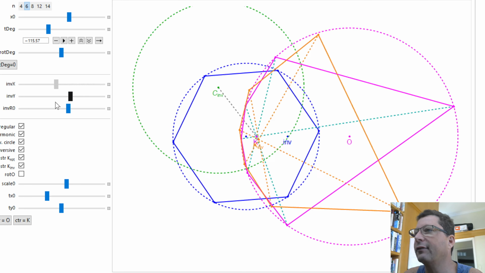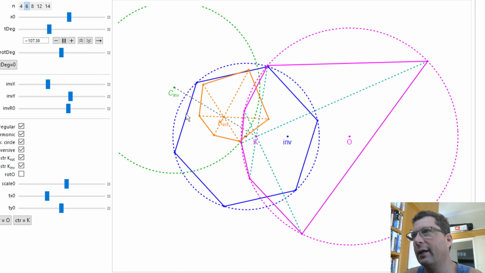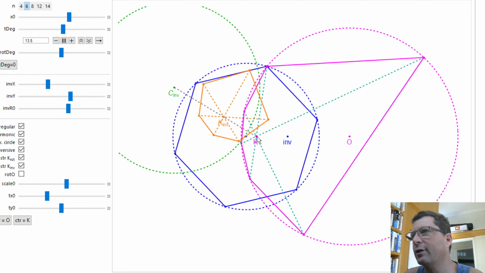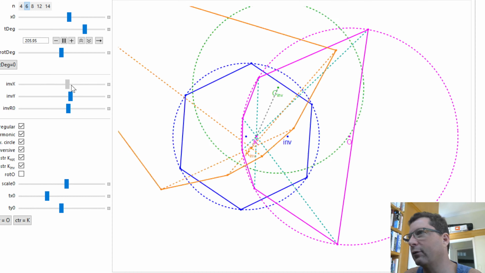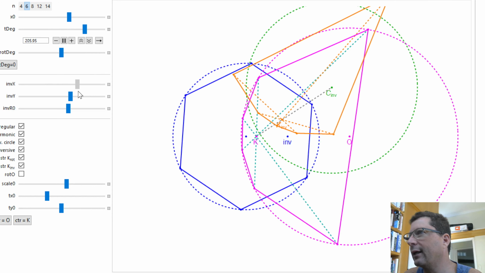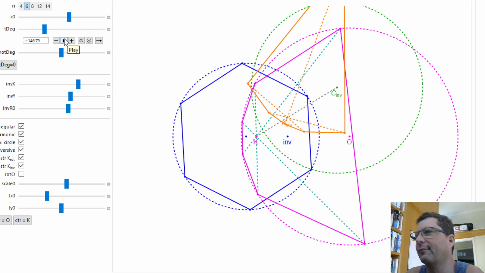I can go to the left here, and I can see that this new harmonic family also maintains K stationary, and it is collinear with the original K and the center of inversion.